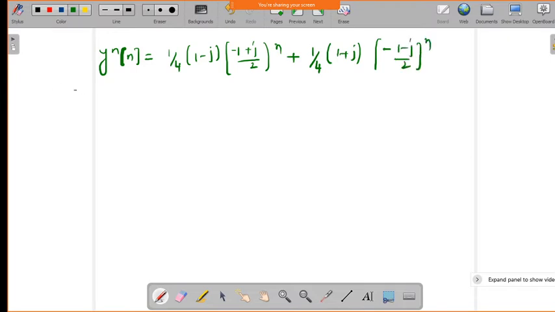So this is the solution. This is about the natural response.